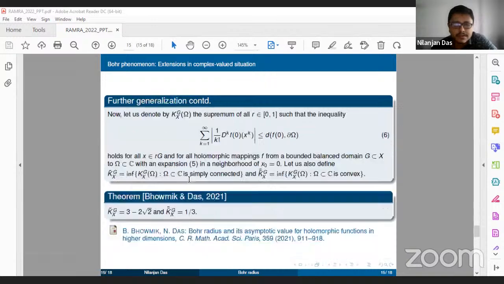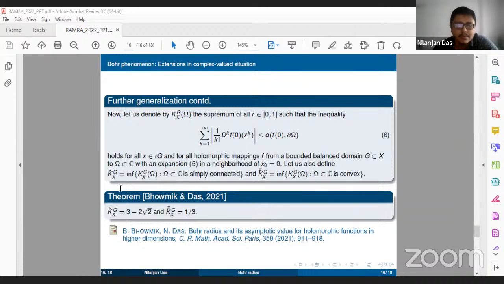So using this notation, we give an analog of Bohr's inequality for this kind of functions. The corresponding Bohr radius is precisely given by K_X(G, Omega) for a specific domain Omega. And the analog of Bohr's inequality is given by this inequality 6.